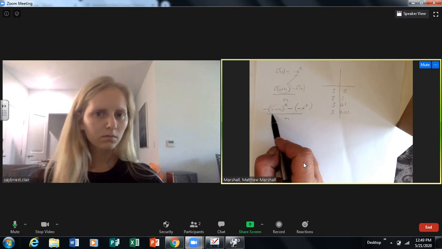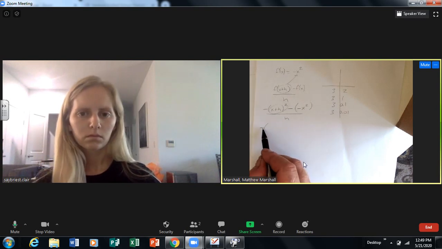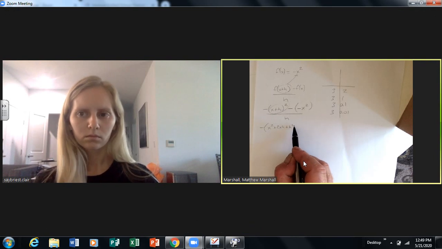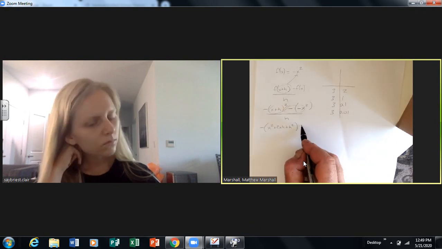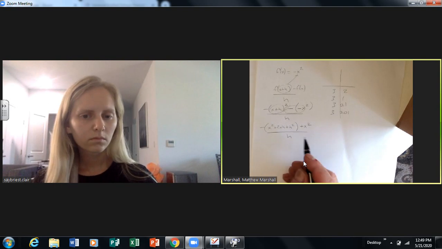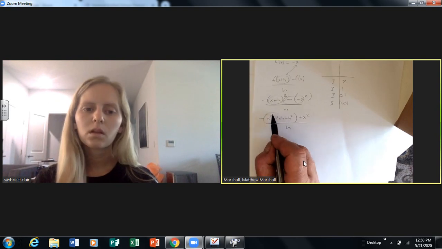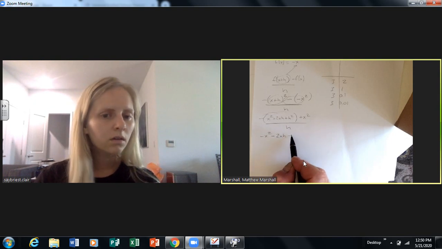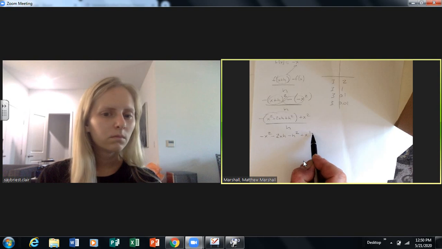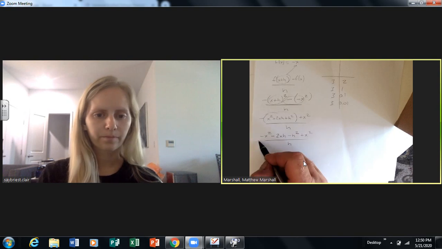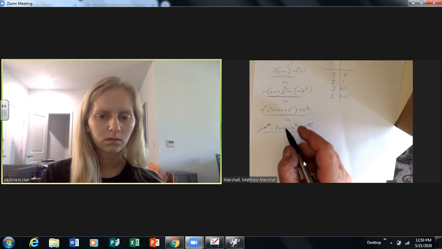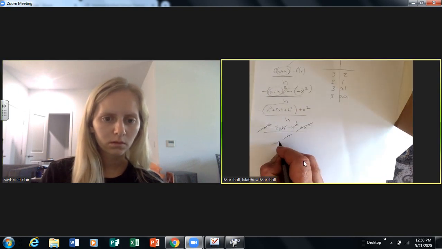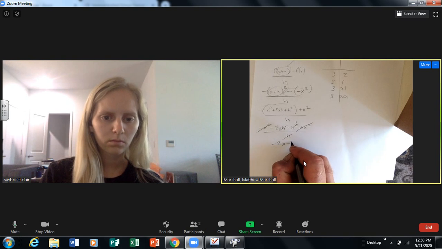Leaving that negative alone, this gives me x squared plus 2xh plus h squared. This becomes plus x squared. This negative distributes and gives me -x squared minus 2xh minus, which has these cancel, and gives me -2x minus just plain old h right there.